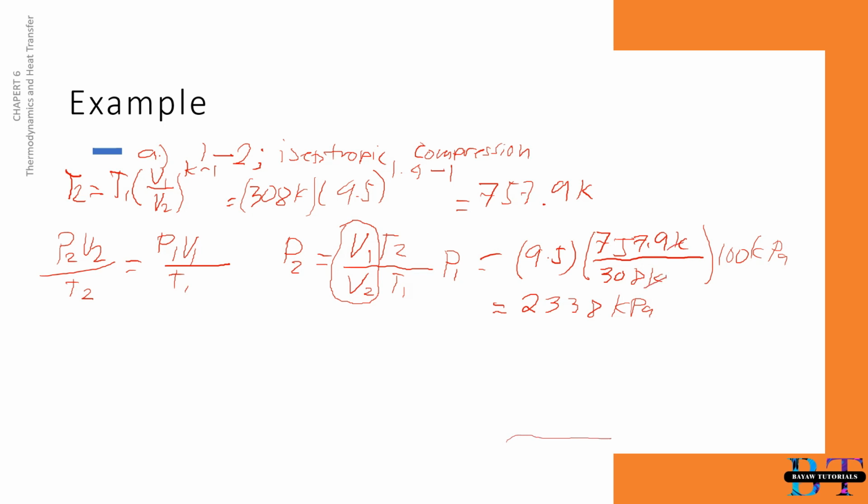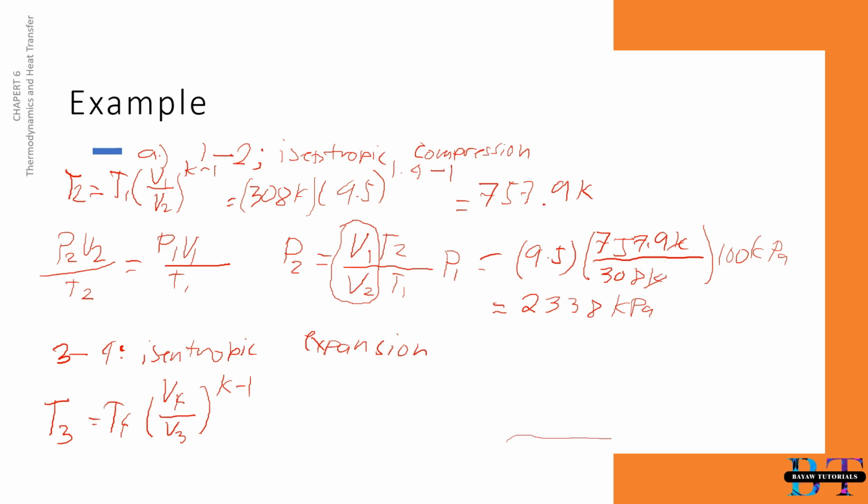So for process 3 to 4, isentropic expansion, temperature 3 is equal to temperature 4 times the volume 4 all over the volume 3 raised to the power of K minus 1.